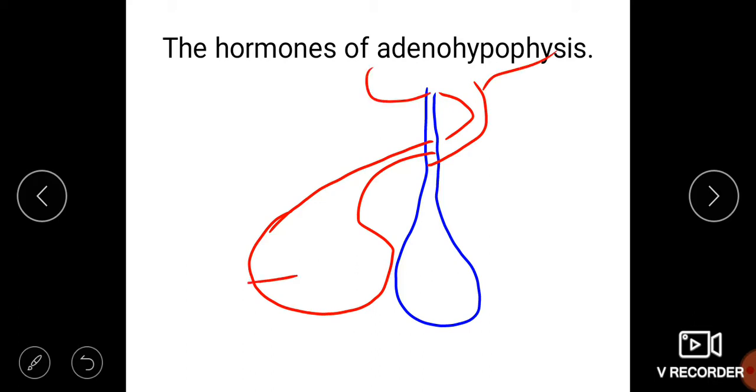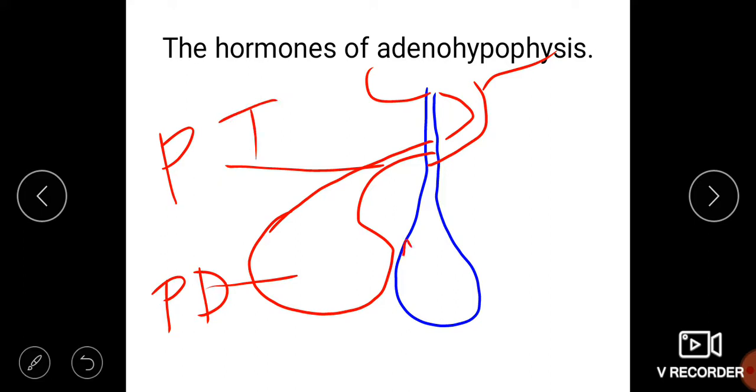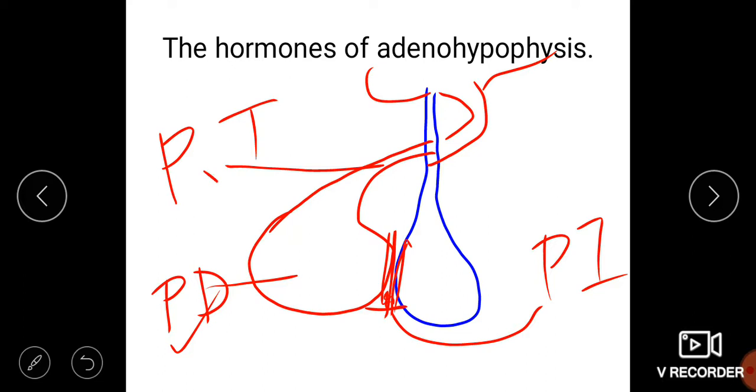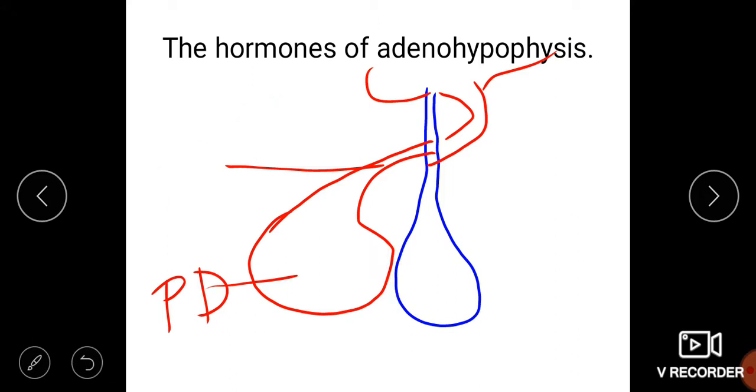This is pars distalis, this one is pars tuberalis, the tube-like part, and this one is the pars intermedia. So the adenohypophysis has three parts: pars distalis, pars tuberalis and pars intermedia.